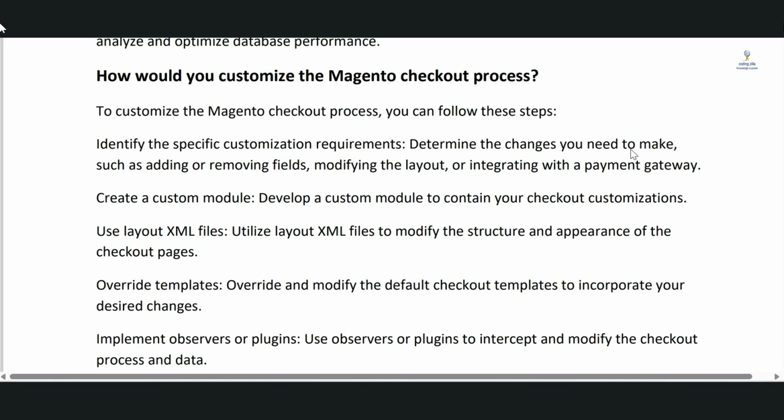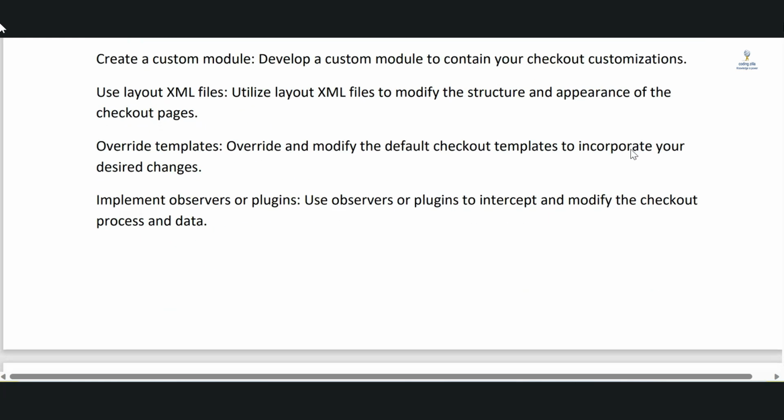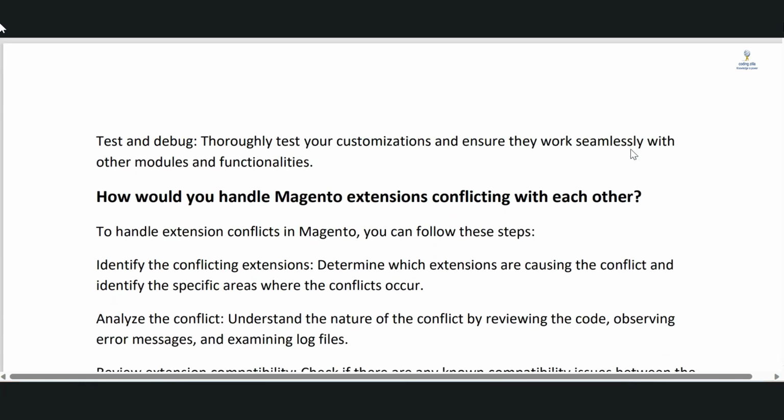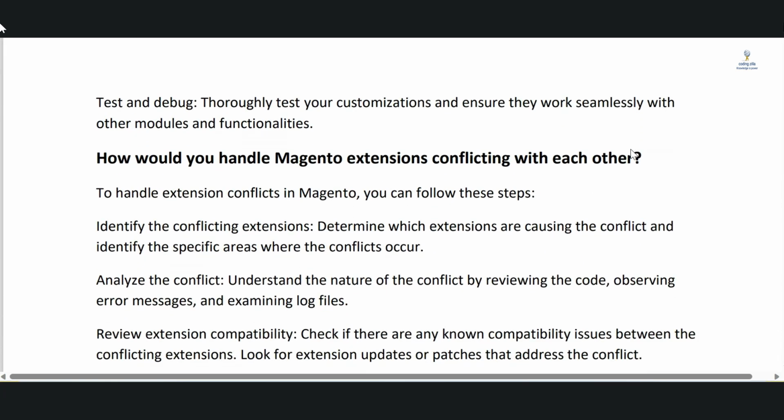Override templates. Override the default checkout templates to incorporate the desired changes. Implement observers or plugins. Use observers or plugins to intercept and modify the checkout process and data. Test and debug thoroughly. Test your customization to ensure it works seamlessly with other modules and functionality.